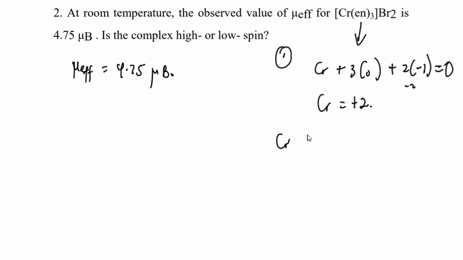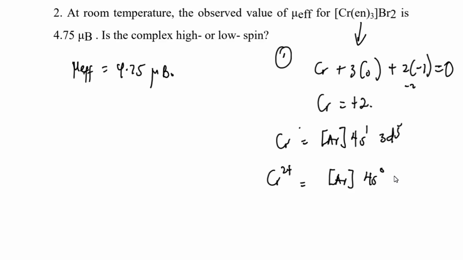So chromium is basically argon 4s1 3d5, right? You know, this is an exception. But Cr2+ therefore becomes Ar 4s0 and then 3d4, right? So now looking at this, at room temperature, the observed value for mu effective for this complex, is it high spin or low spin?